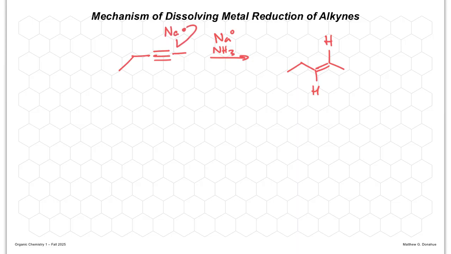So it's a one electron movement. It's going to add into that unsaturation. So we have to then break a pi bond. And so those electrons in the pi bond will go on to a carbon.